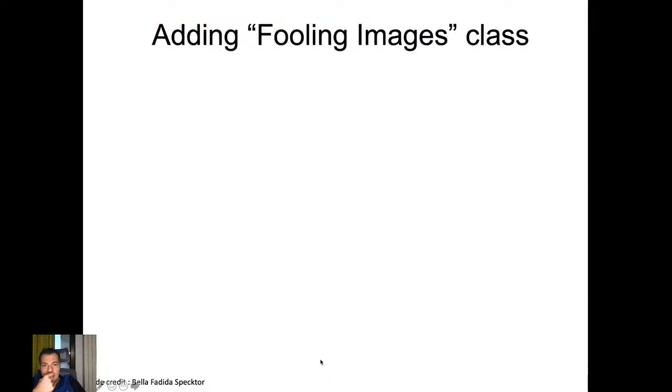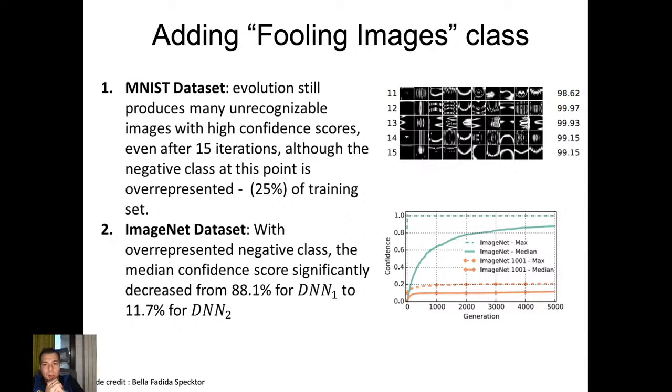So this is another interesting result. They also tried to add a fooling images class to the models, so the main idea was to try to make these models robust to such generated examples.